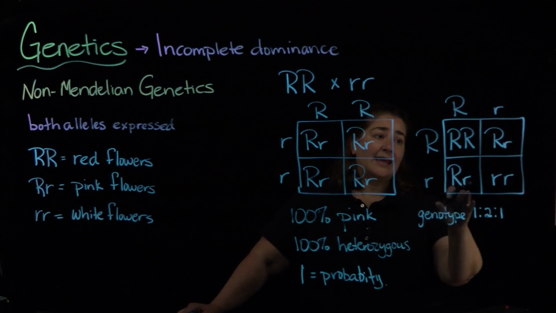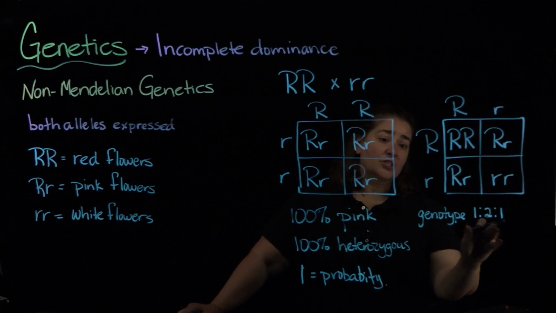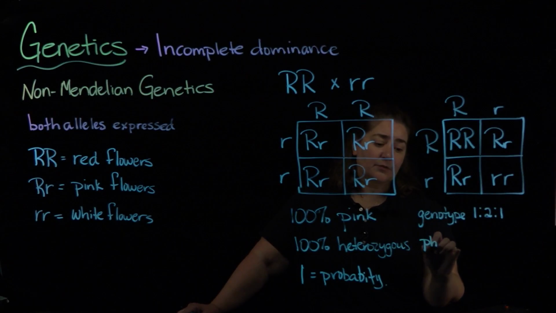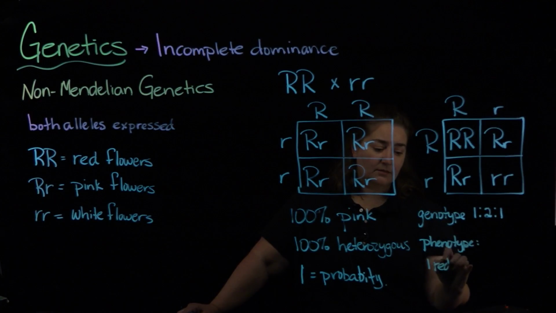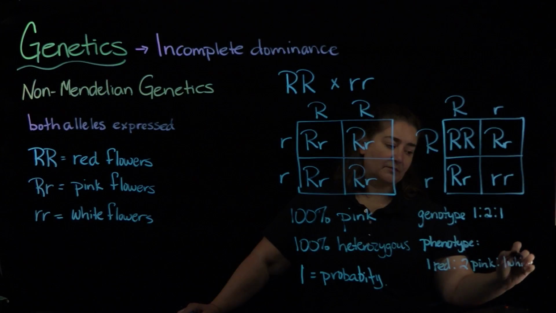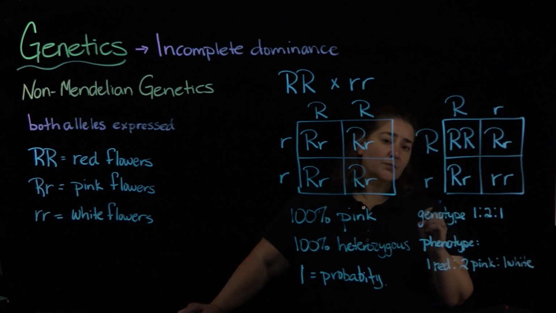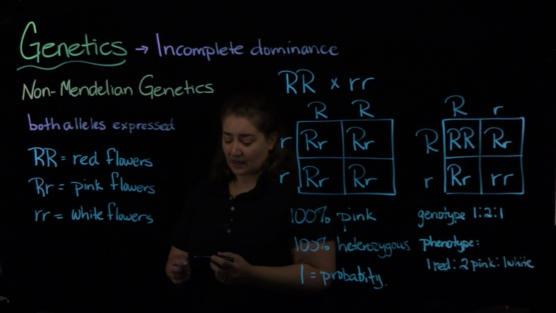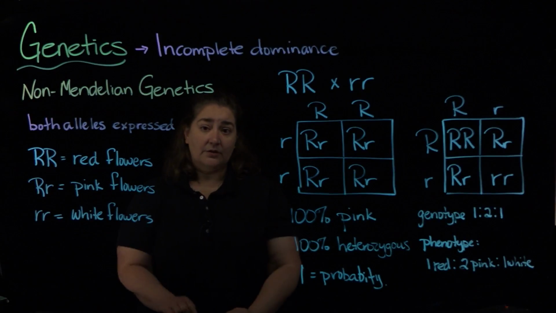Now the phenotype ratio follows our genotype ratio: 1 red, 2 pink, 1 white.